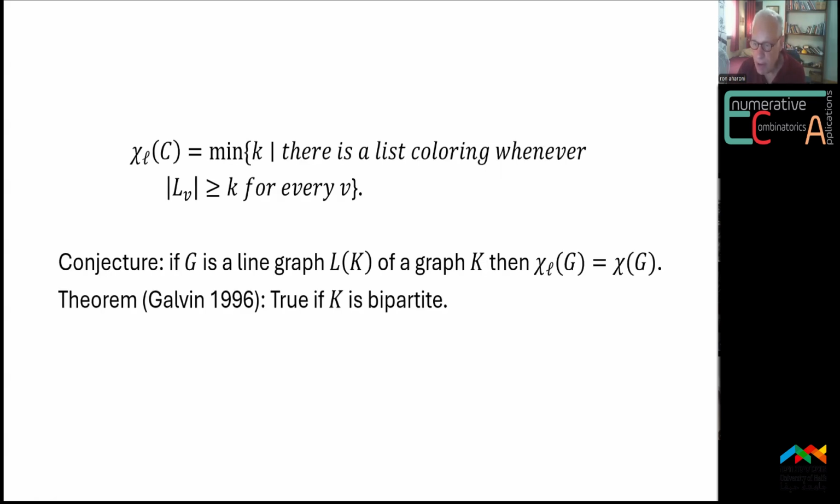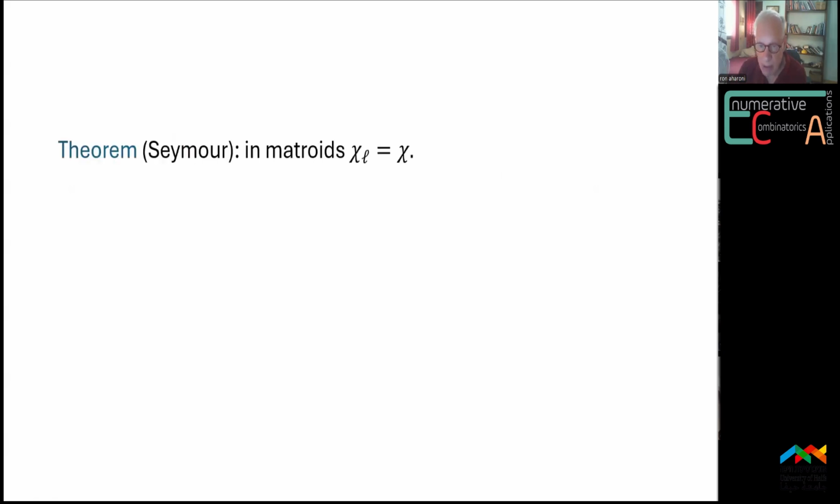One conjecture is that the two are equal for line graphs. This was proved in the bipartite case. And here we plunge into our topic with a theorem of Seymour: in a matroid, chi L equals chi.